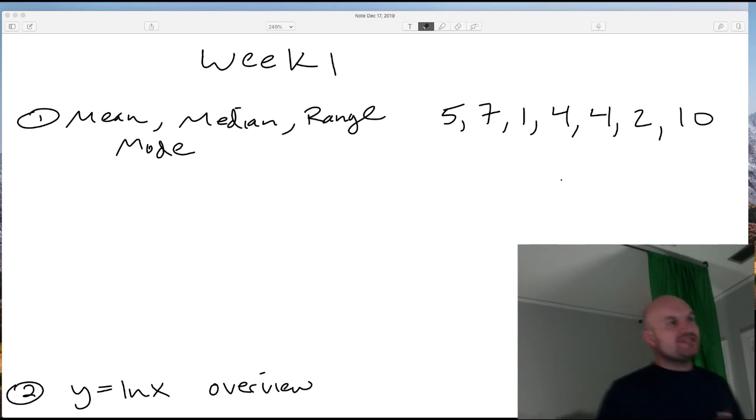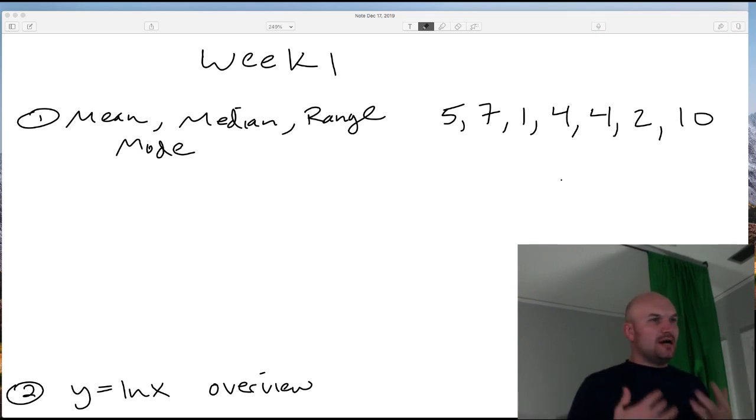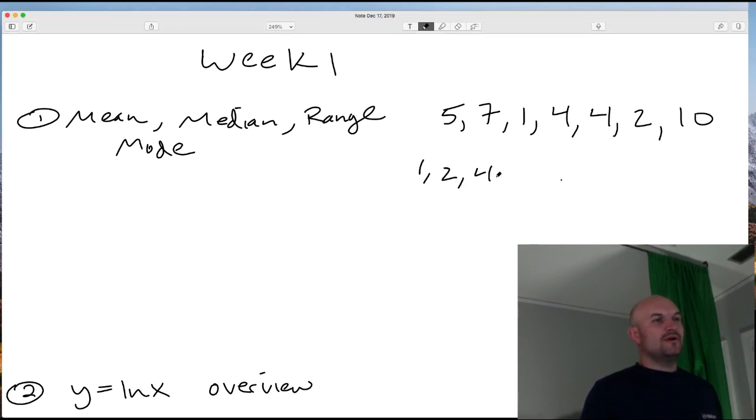When we want to understand a data set, these give us ways to better understand a certain set of numbers. The first thing we want to do, especially for the median, is arrange them in ascending order: 1, 2, 4, 4, 5, 7, and 10.